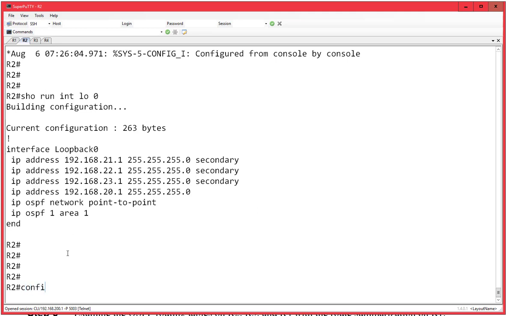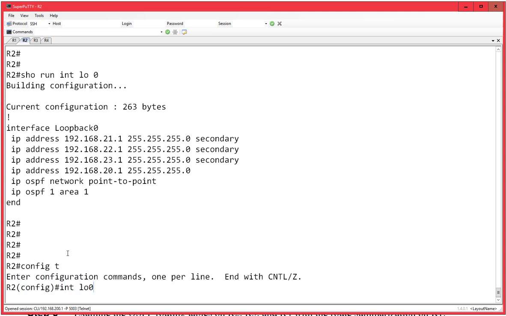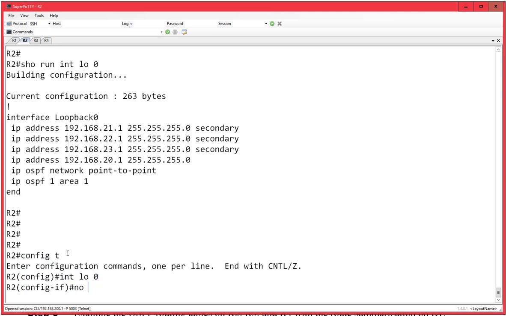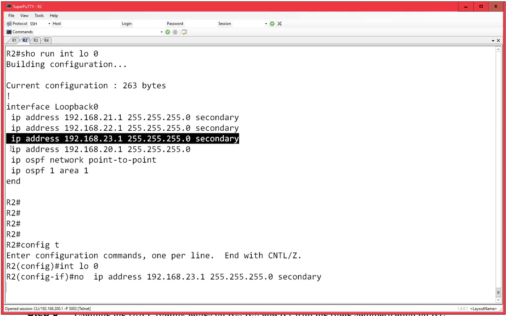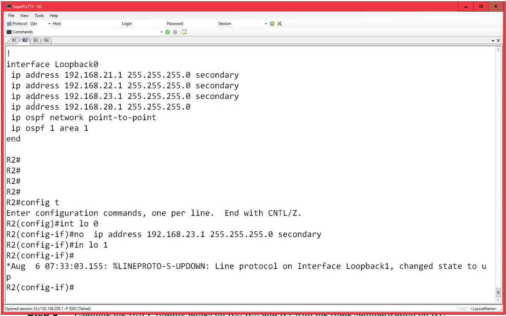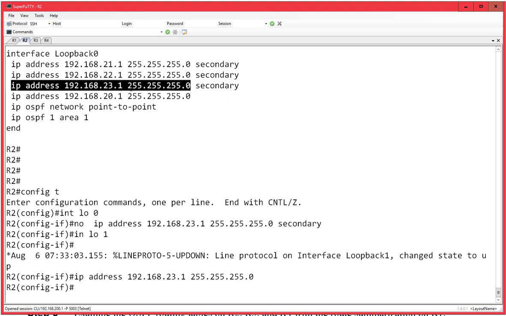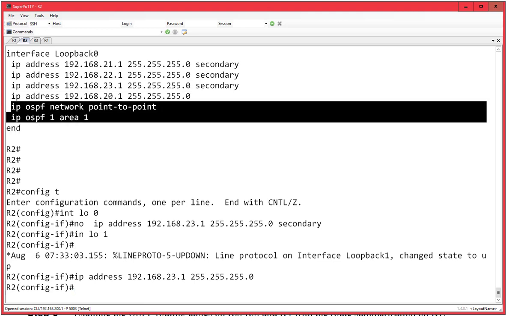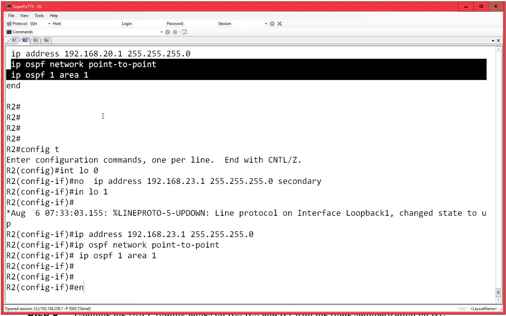So config T, interface loopback 0. We'll take off the 23 network from here. Interface loopback 1. We'll go ahead and add the 23 network on that guy. And I'll add that to OSPF as well.